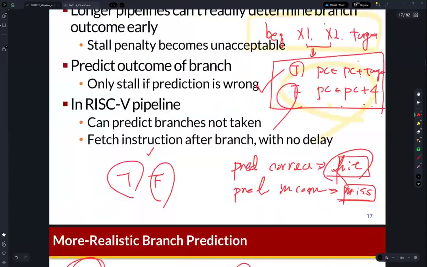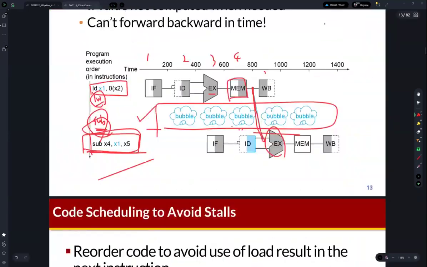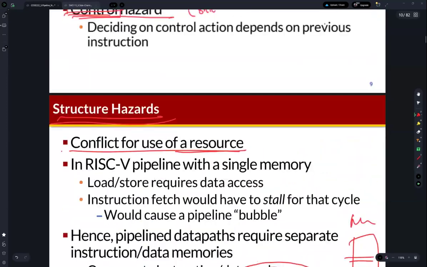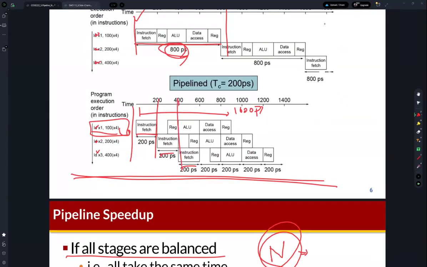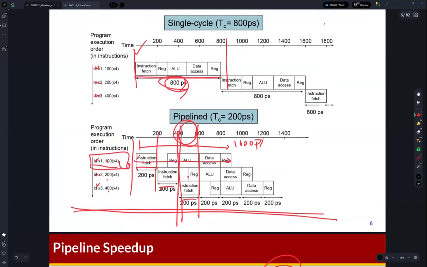For example, if you see this figure, you can find that during this clock cycle, three instructions are being executed.